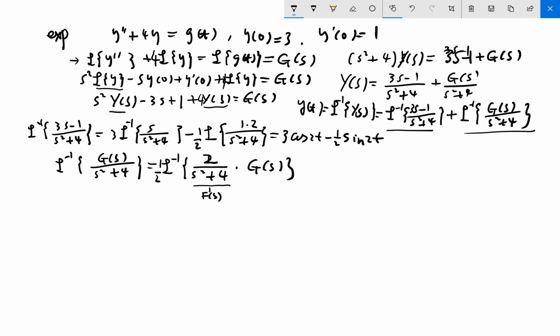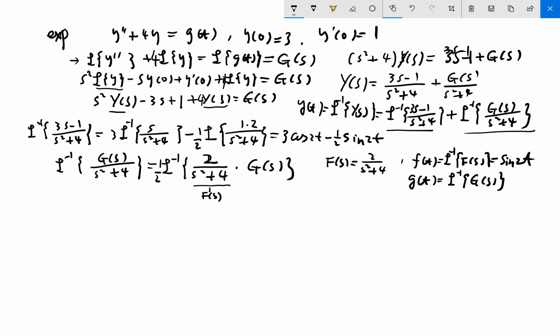So this can be written as the inverse Laplace transform of capital Fs times capital G sub s. My capital Fs here is 2 over s squared plus 4. The inverse, small ft, is sine 2t. We call g sub t the inverse Laplace transform of capital G sub s.